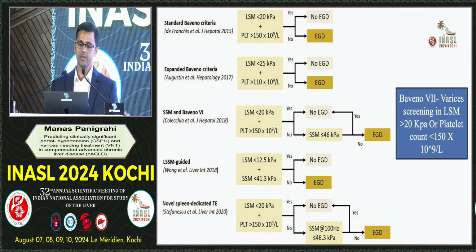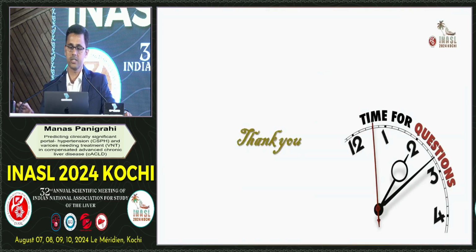LSM and SSM, LSM less than 12.5 kilopascal, SSM less than 41, we can spare endoscopy in that group also. So Baveno 7 variceal screening, LSM, if it is more than 20 kilopascal or platelet less than 150, we can spare endoscopy in that group.